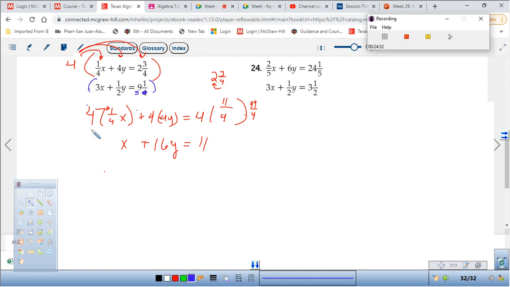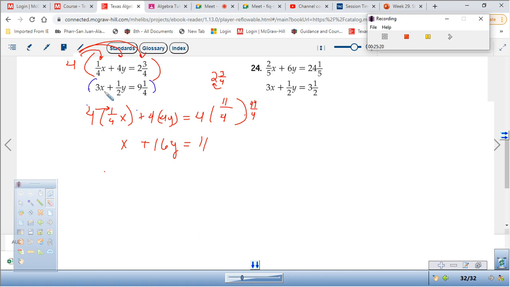A half and 1/5. Ready? You would multiply by a 10. Because you'd have 10 divided by 2 gives you 5, and 10 divided by 5 gives you 2. You want it where it gives you a nice whole number.